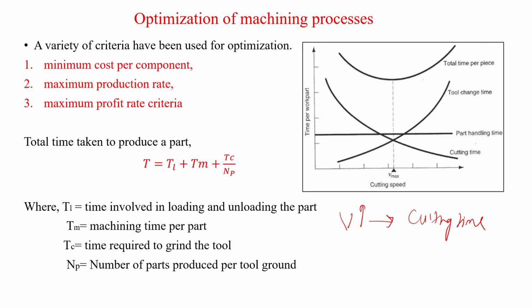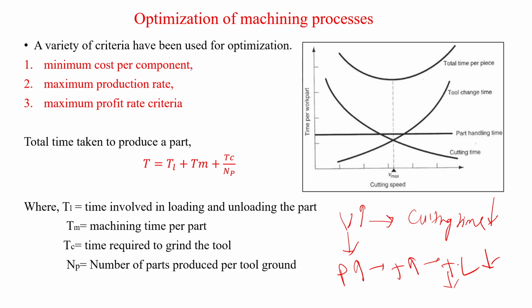So the cutting time will reduce. It is very good. But if you increase V, we have already seen, power increases, temperature increases, tool life decreases. Because of that, the tool loses its life very early. Then you need to change the tool.